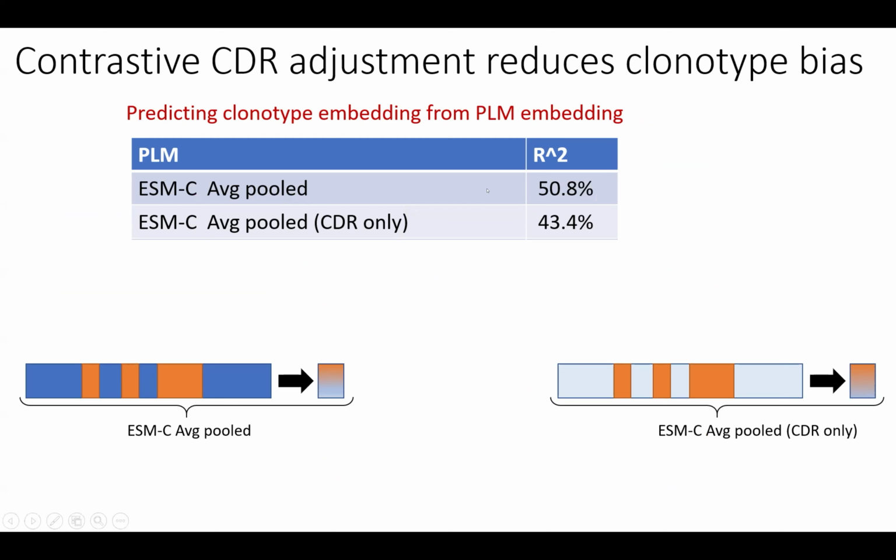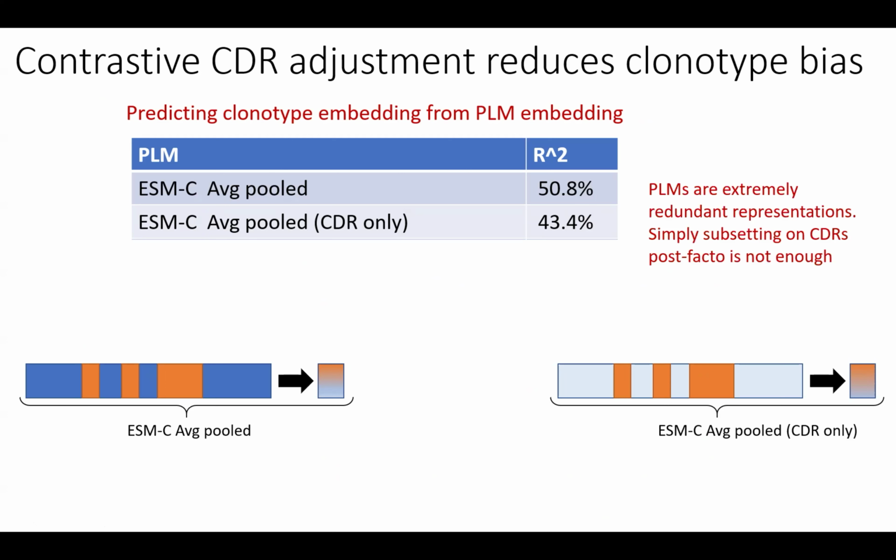What I'm showing you here is that you can get a very high R squared in predicting the clonal signature of a BCR just from the ESMC embedding, which kind of makes sense. But the second thing that should surprise you a little bit is that if I take this entire thing and extract just the orange bits and average over only the orange bits, you would naively think that should take out the clonal signature. It does not. It actually remembers the clonal signature about as well as the original thing.